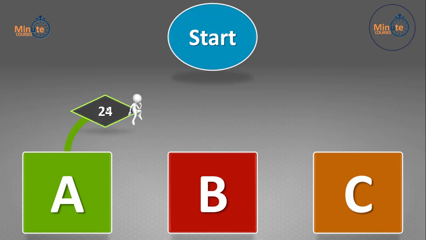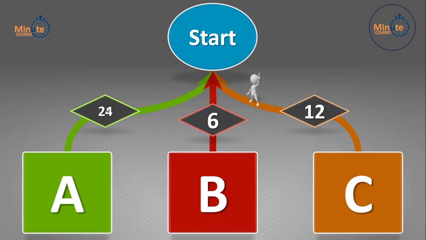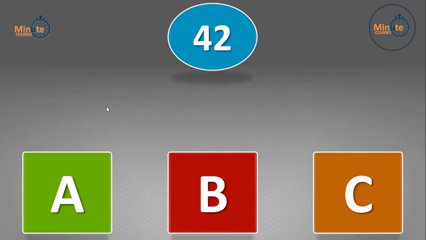For instance, how many questions are there in part A? Part A has 24 questions. Part B has 6 questions, while part C has 12 questions, all making 42 questions. So we can see that part A contributes more to the listening because it has 24 questions.